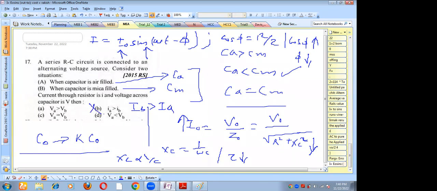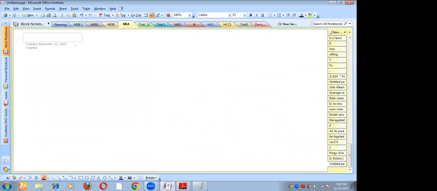Now what about the voltage? We know that voltage across the capacitor, VC, will be I into XC. Current is increasing, right?